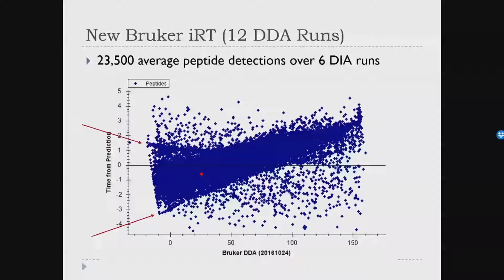And this was Skyline's original library builder, just the simplest way of building spectral libraries from DDA data, which produced something that, when I extracted everything from my DIA data, gave me correlations like this. This is my own library that I built from some DDA data that the Bruker gave me.